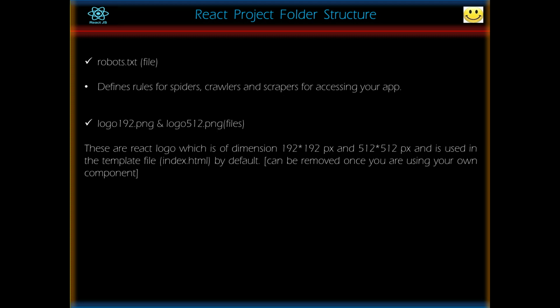Robots.txt file. It defines rules for spiders, crawlers, and scrapers for accessing your application. Logo192.png and logo512.png files. These are the React logo, which is of dimension 192 by 192 pixels and 512 by 512 pixels and is used in the template file index.html by default.